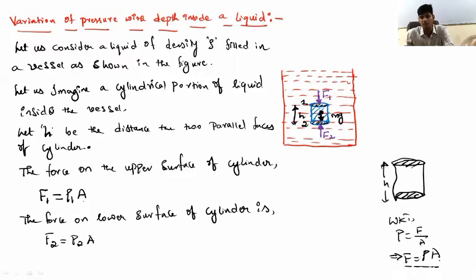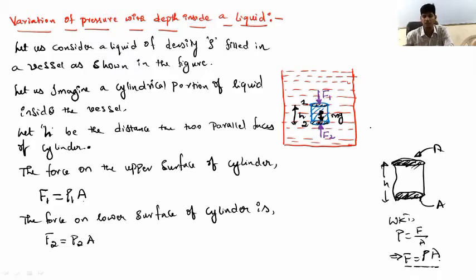P2 is pressure at point 2, or pressure at the lower face of the cylinder. And you can observe the area of both the faces of the cylinder will be the same. So F1 is P1 into A and F2 is equal to P2 into A.